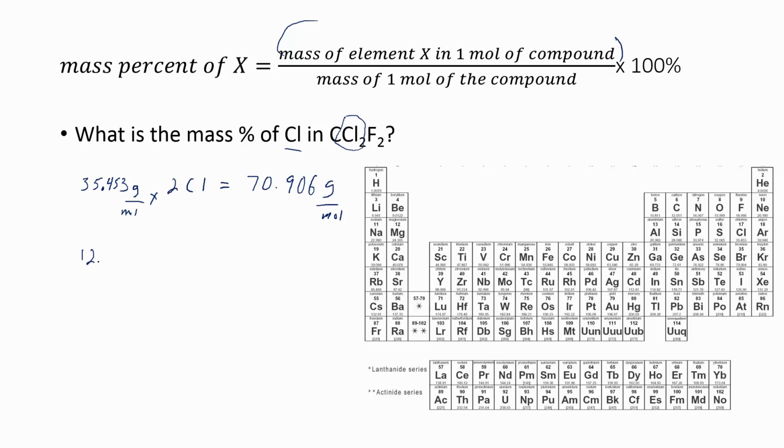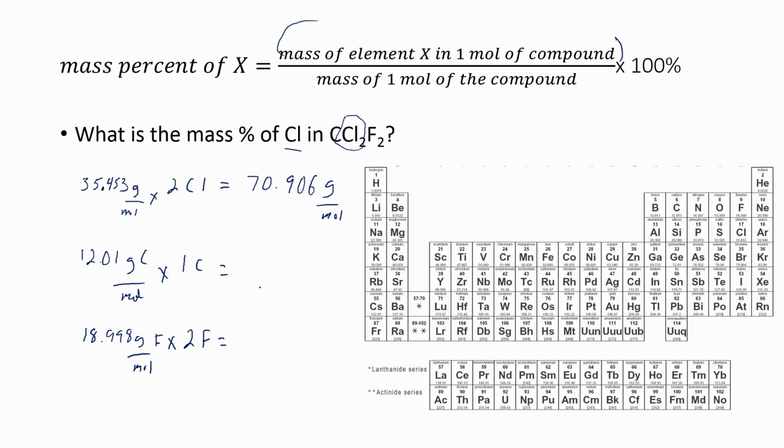And now what's the entire compound? To that, we have to add the 12.01 grams of carbon per mole. That's 1 carbon. And the 18.998 grams per mole of fluorine times the 2 fluorines.